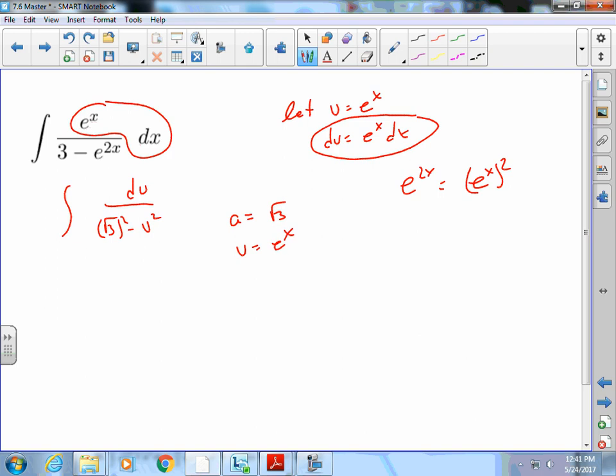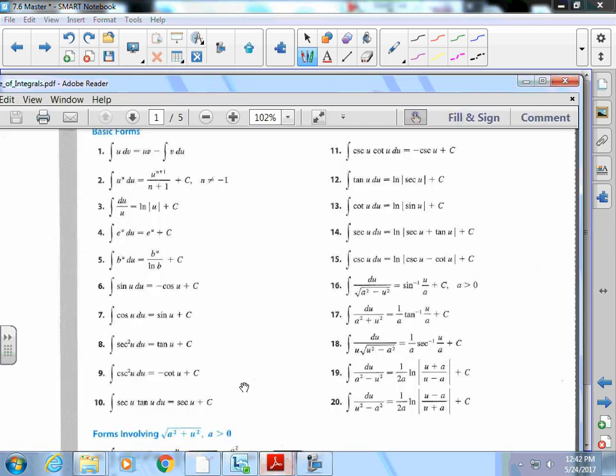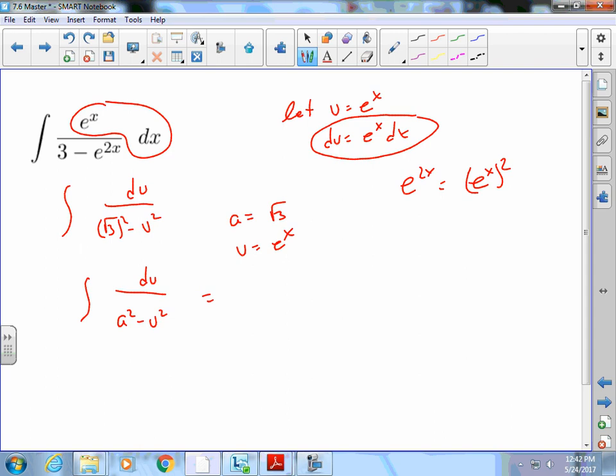So we're looking for something that has the form of a du over a squared minus u squared. Well, that one just happens to be 19. Right? We were just looking at 20, but now look at 19. 20 was u squared minus a squared. 19 is a squared minus u squared. And then the only difference is in the absolute value. They're switched. So this is equal to number 19.